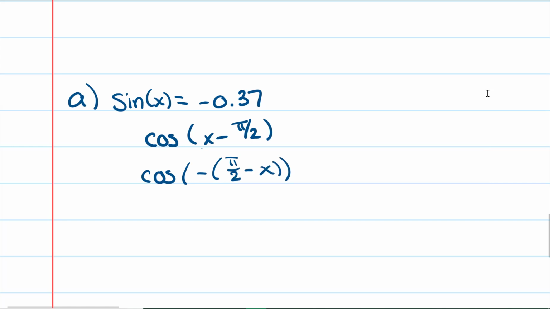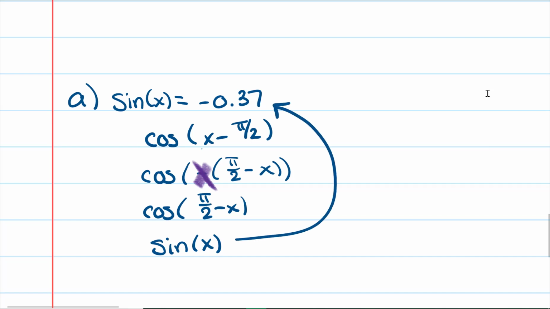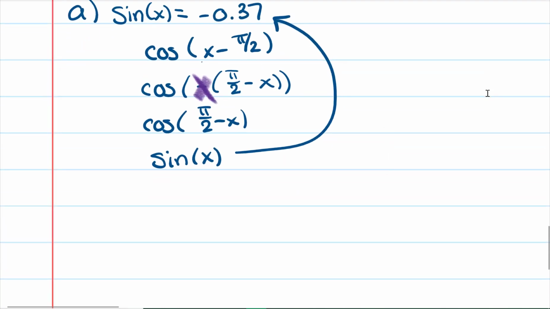So this becomes cosine of pi over 2 minus x. Because with cosine, this negative just goes away. So now this becomes sine of x, and we knew sine of x was negative 0.37, so my answer is just negative 0.37.